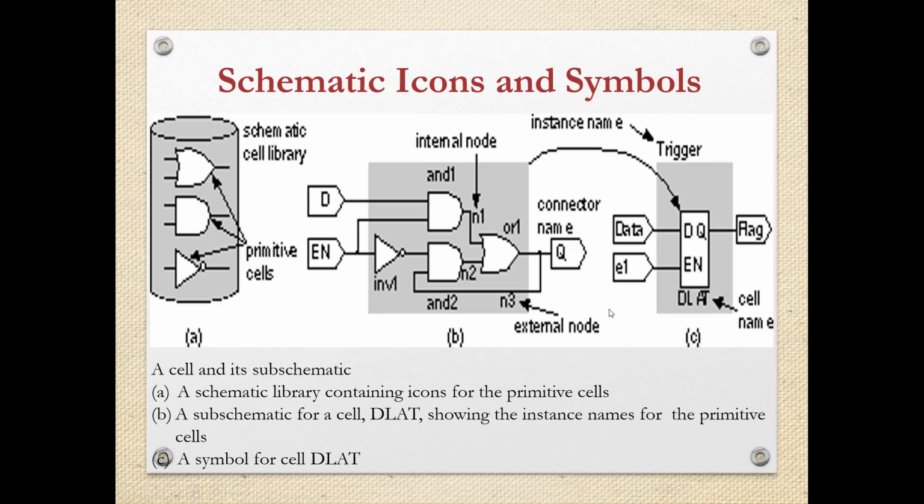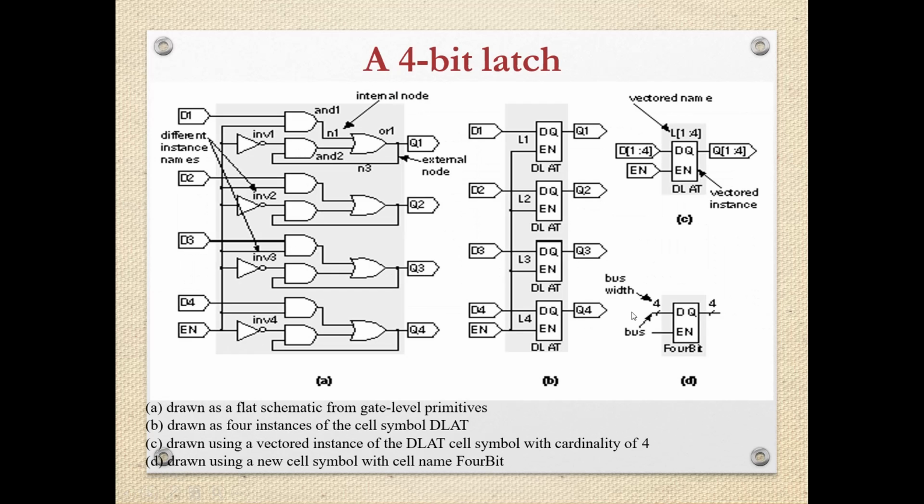Like here, the schematic of a D latch is shown. So this is one D latch which is having the inputs D and enable, and the output is Q. So the cell name is DLAT, and now this particular cell can be used for the further designs.